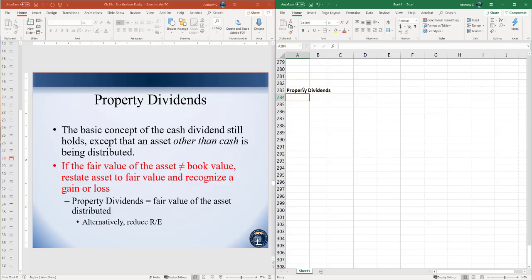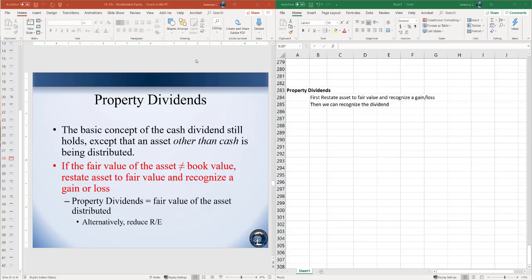Property dividends: first restate the asset to fair value, and recognize a gain or loss. And then after we restate the asset to fair value, we can recognize the dividend. Then we'll go through the 3 dates: the declaration date, record date, and the payment date.